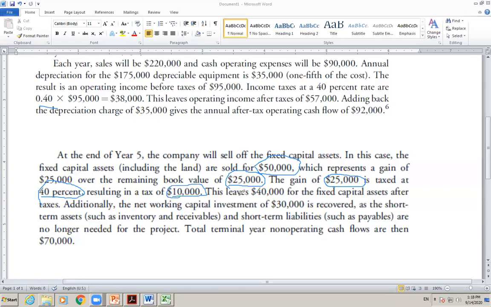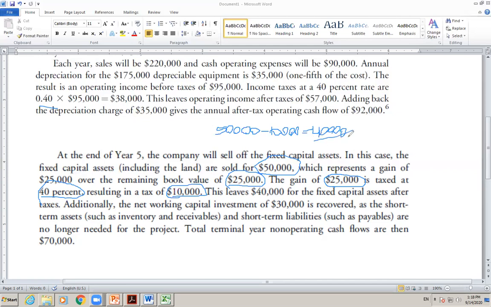Okay, so here is how it works: you sell it for 50,000. However, some part of this amount, the gain part, will be taxed at 40%, which is 10,000. So it will get you to 40,000.